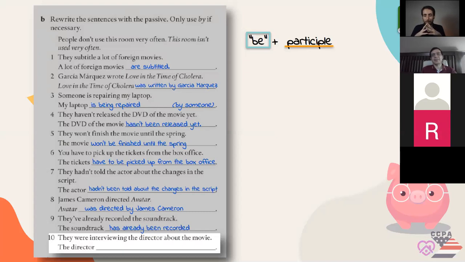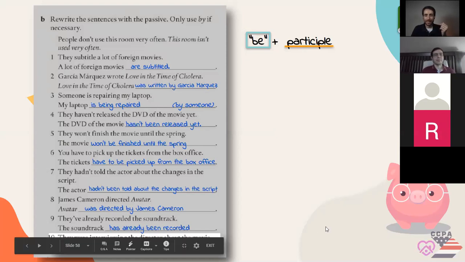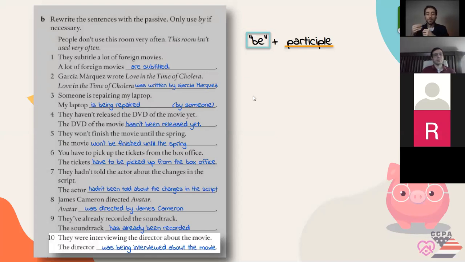Nobody knows this one apparently, huh? A bit tricky. Let's see the answer together. Let's reveal. The director was being interviewed about the movie.